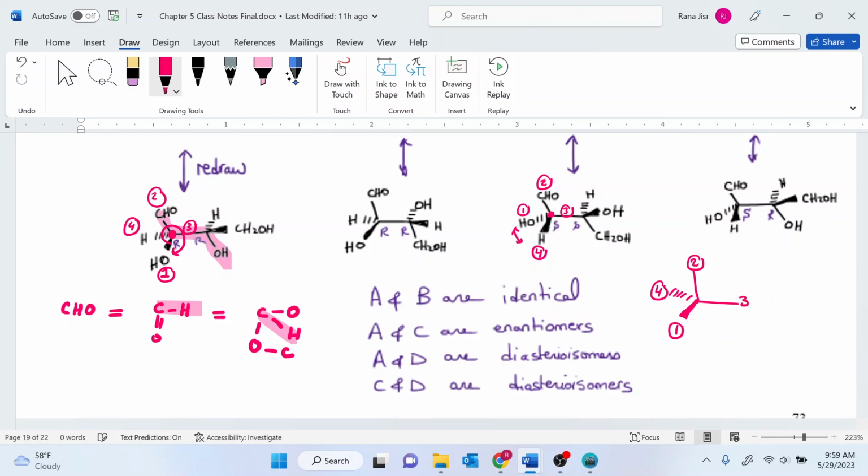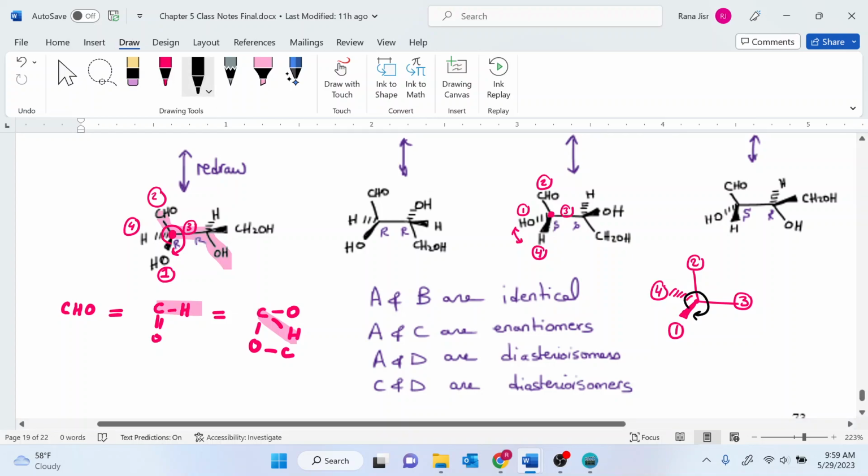This is an easier method if you don't have a molecular model. If you don't have a molecular model with you, you can easily switch those groups and make your lowest priority group behind. So in this case, you're going to go by 1, 2, and 3 over here. So this is going to be an R configuration. But remember what you did. You did the switch. So you switch, you do the configuration, and you invert the R. And now the R is going to be an S.